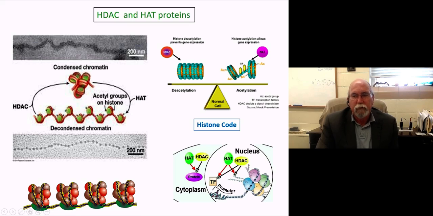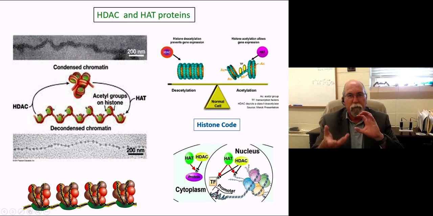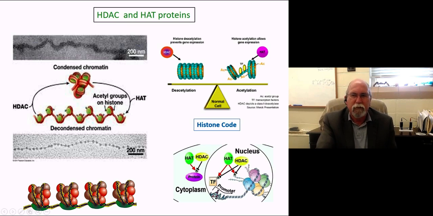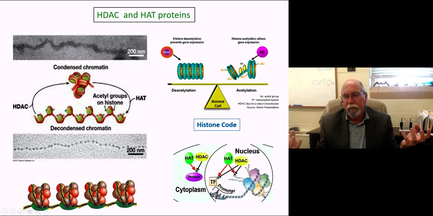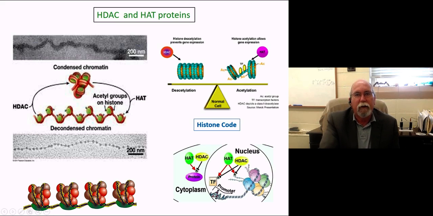So it's just an interesting little thing of how this is going to work. And we're going to see in a moment what this condensation means, but I wanted to go ahead and give you at least one of the models about how we can open up DNA and close it up when the cell needs to do that. Okay, and one of those ways is by this relationship between deacetylators and acetylator proteins.